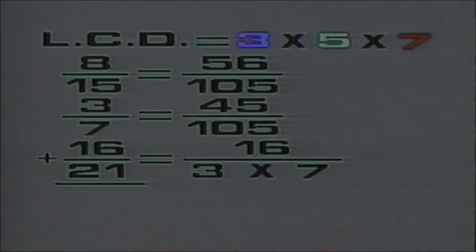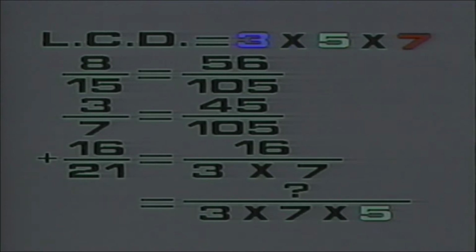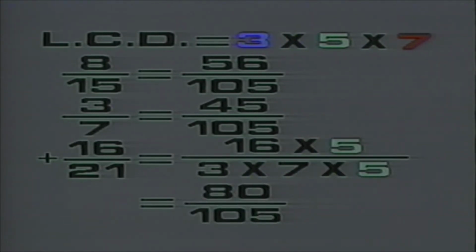Good. Now the denominator, 21, has the factors 3 and 7, but it needs a factor of 5. Multiply numerator and denominator by 5. The numerator becomes 16 times 5, or 80.